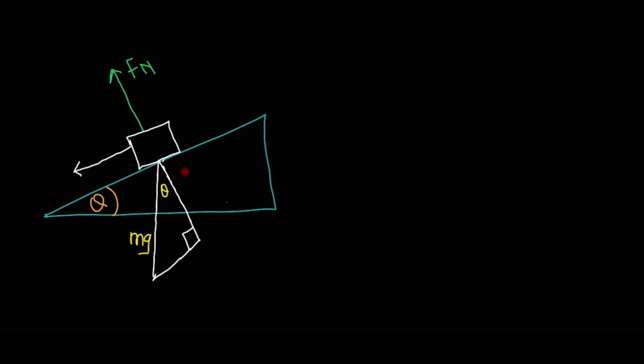So now let's use this right angle triangle and derive some formulas. Here is the angle which is theta. And then this hypotenuse, remember, is mg.